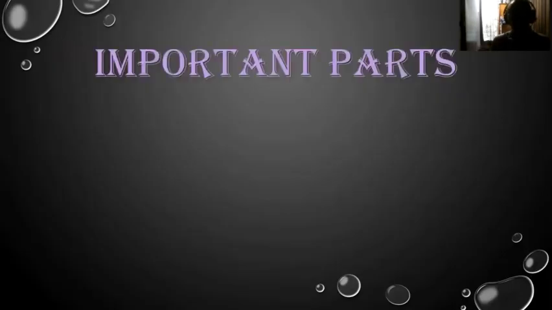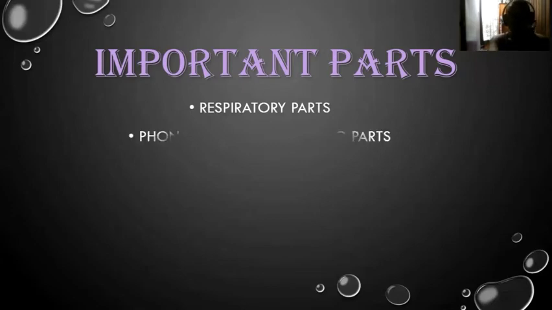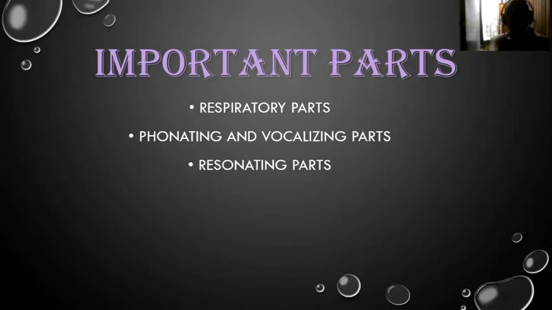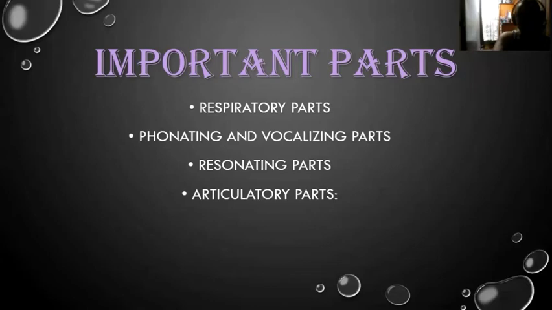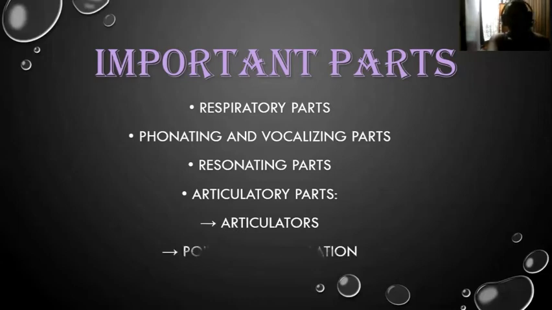Well, we have important parts of our human speech apparatus. There are four main important parts. We have the respiratory parts, the phonating and vocalizing parts, the resonating parts, and the articulatory parts. In the articulatory parts, we have the articulators and the points of articulation.